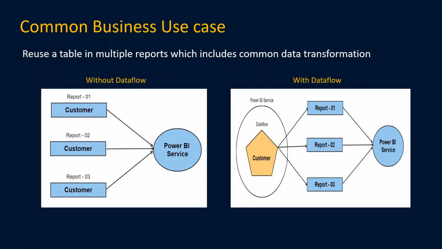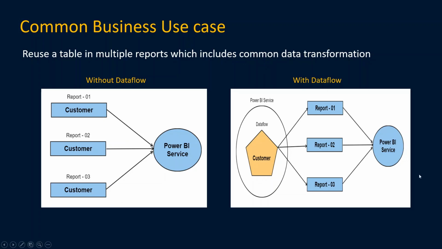In report 2, again we are connecting to the source system and getting the data. In report 3, we are again connecting to the source system and getting the customer table data, right? So that's what we are doing in each and every report. And let's say there are additional reports available, again we have to do the same, right? So that is something which can be improved, right?